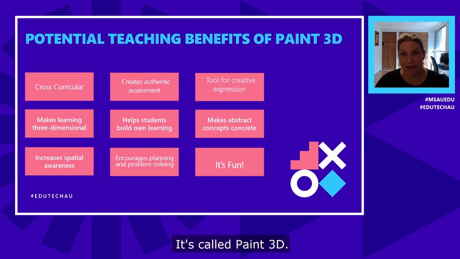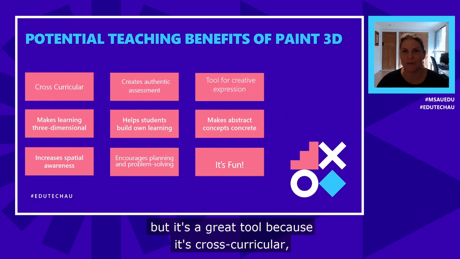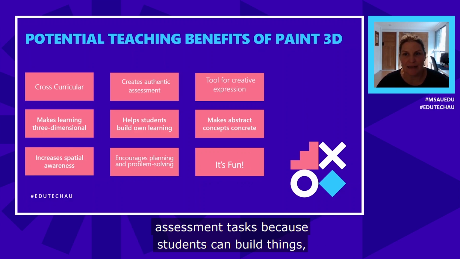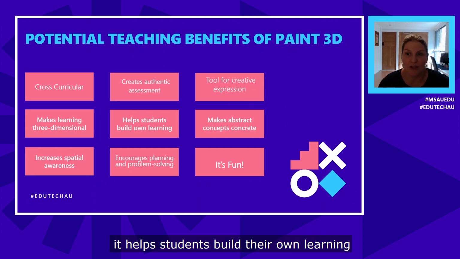It's called Paint 3D. You may have heard of it before, and I'll show you very shortly how to access it. But it's a great tool because it's cross-curricular. It makes learning three-dimensional. It allows you to create authentic assessment tasks because students can build things. It's a tool for creative expression. It helps students build their own learning to make abstract concepts concrete.